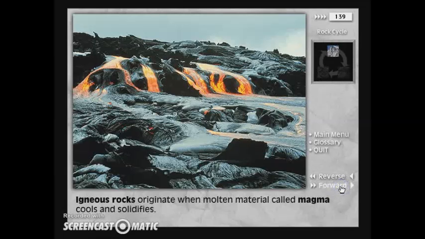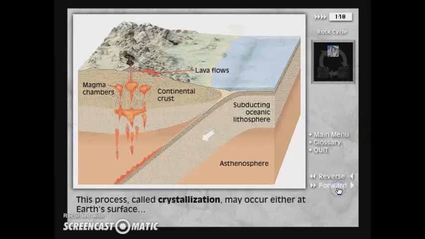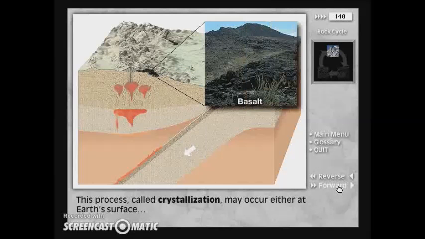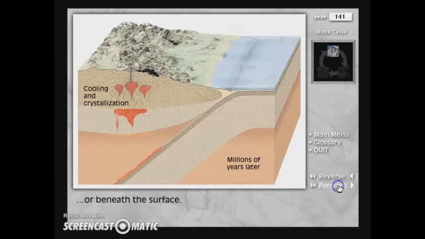Igneous rocks originate when molten material called magma cools and solidifies. This process, called crystallization, may occur either at the Earth's surface or beneath the surface.